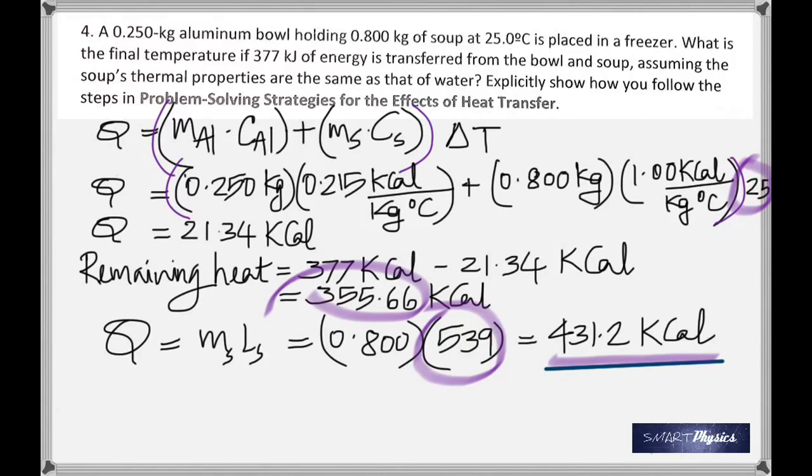Therefore, the answer is the whole of the soup did not freeze, and therefore, until all of it freezes, the temperature will not go below 0 degrees Celsius. So the final temperature is 0 degrees Celsius, and that's the answer. The final temperature is 0 degrees Celsius, which is 273 Kelvin. It will not decrease below that.